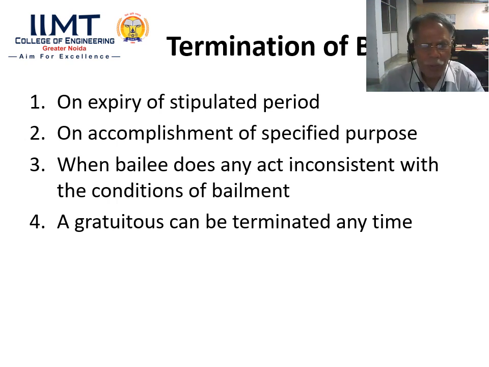Going ahead with the same example, you've given your car for repairs, and you've gone out of station for about a week or so, and meanwhile the car has been repaired, but since you did not come to collect the car, the bailee, the car repairer, started using that car on rental. This act of bailed goods being used to earn money is inconsistent with the conditions of bailment. So the bailor has a right to terminate the contract of bailment.